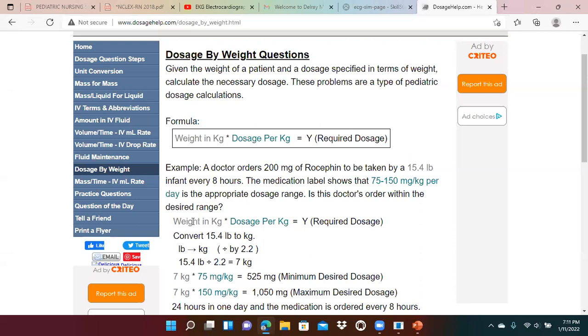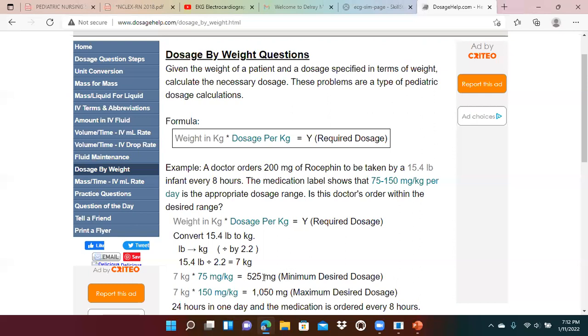So body weight is 7 kilogram, dose per kilogram, 75 to 150 is the range. Minimum 75, maximum 150. So if you calculate minimum, 7 kg times 75 milligram per kg, 525 milligram. This is the minimum desired dose.